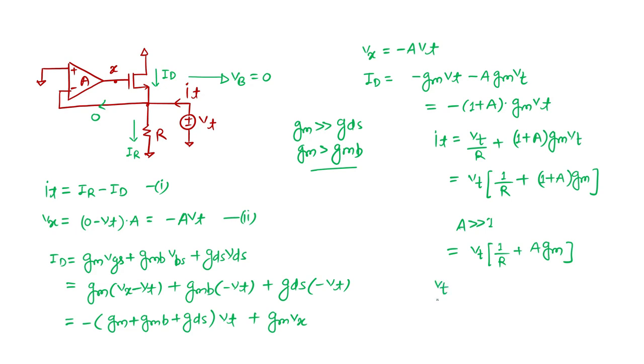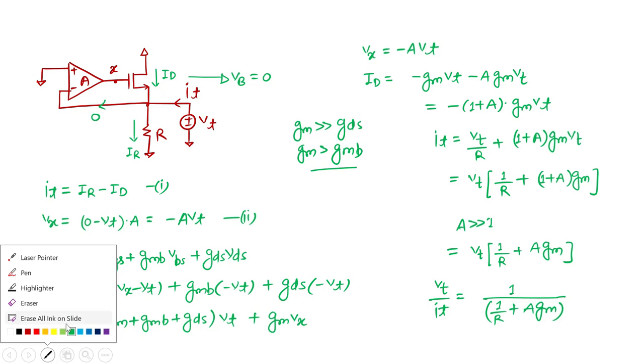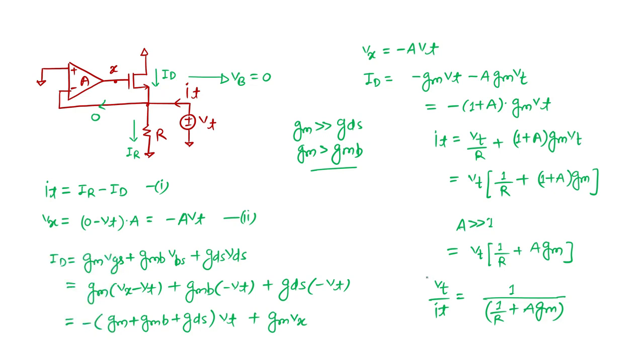So I can write VT by IT as 1 upon 1 upon R plus A GM. One more approximation: A is much greater than 1. So I can consider 1 upon R as much smaller than A GM. So what will this expression reduce to? It will reduce to 1 upon A GM.